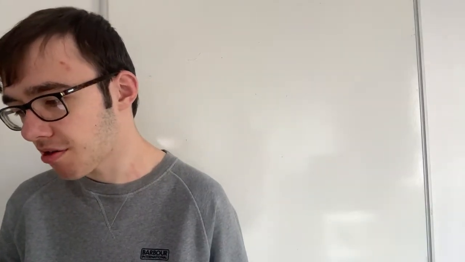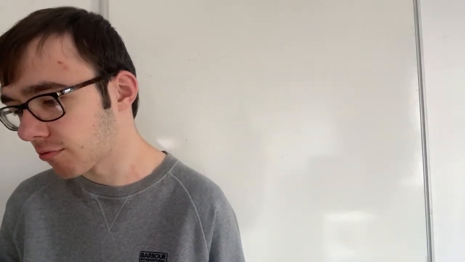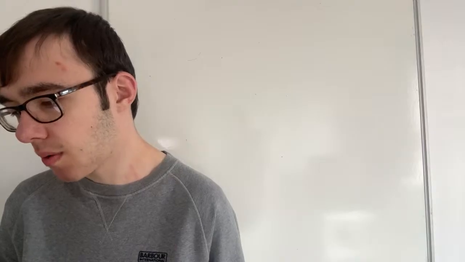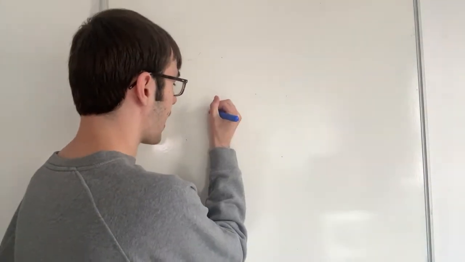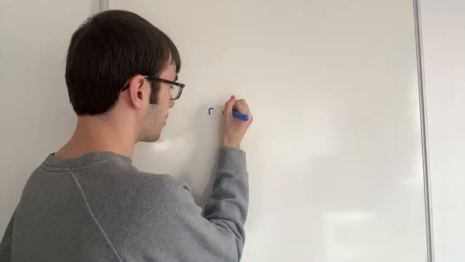A female fruit fly with white eyes was crossed with a male fruit fly with red eyes. Tick one box which correctly describes the phenotypes. Okay. A female with white eyes, so that female has to be lowercase r, lowercase r.